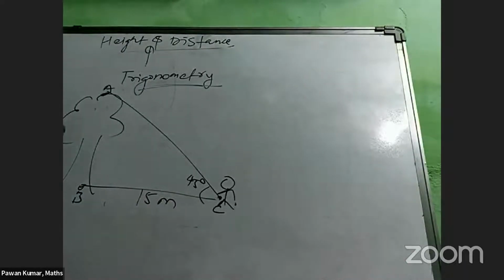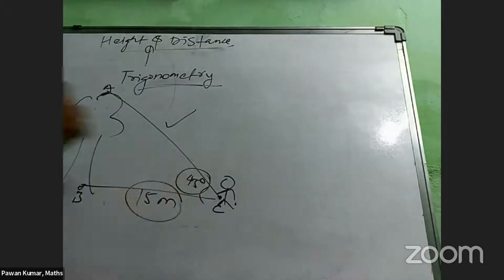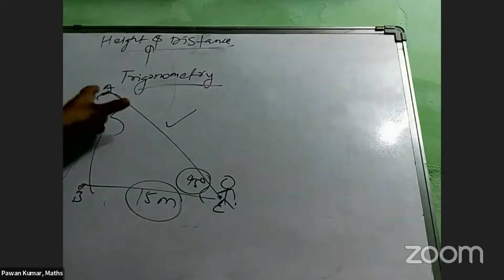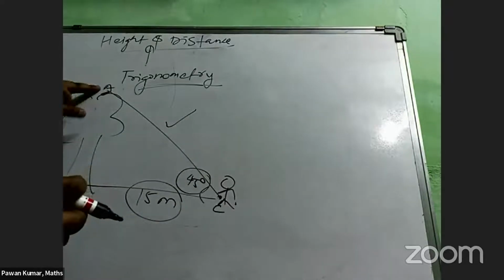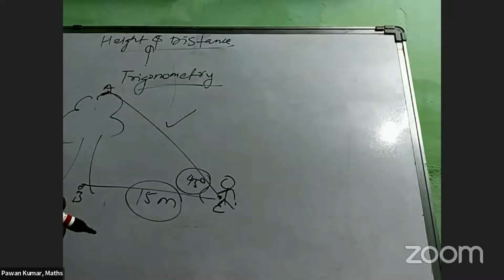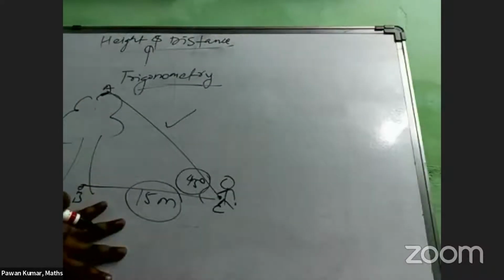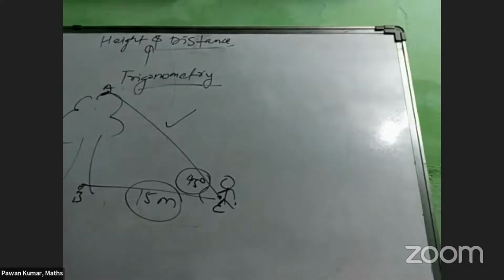Then we can easily calculate this length and this length. If I have these two things in my hand, I can easily get the height of the tree and the distance from the top point to this point. Understand? So this type of application we can get from height and distance.